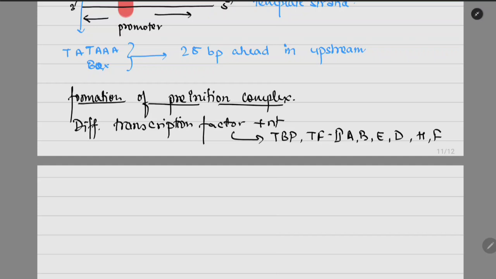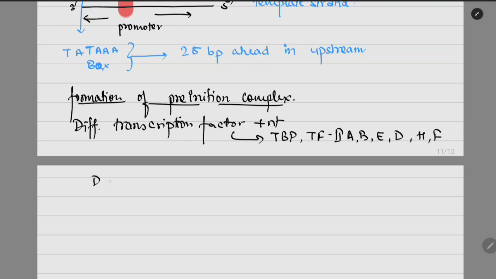Without this pre-initiation complex, the initiation of DNA transcription will not take place. Now as I said, transcription factor 2D helps in the bending of DNA, so that there will be help in the breakdown of the DNA sequence. Transcription factors 2A and 2B help in the stabilization of the DNA sequence. The transcription factor 2F helps along with RNA polymerase 2, and transcription factor 2H helps in the helicase activity, as the name suggests.